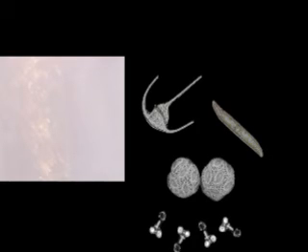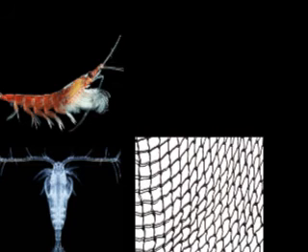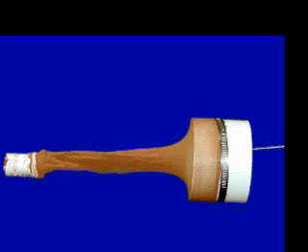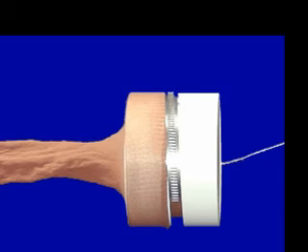Very fine mesh nets are used to sample the tiny bacteria and photosynthetic organisms, while coarser ones collect planktonic larvae or other larger plankton. Here you see a very simple plankton net created from a nylon stocking, PVC pipe connector, prescription bottle, and a tow line.